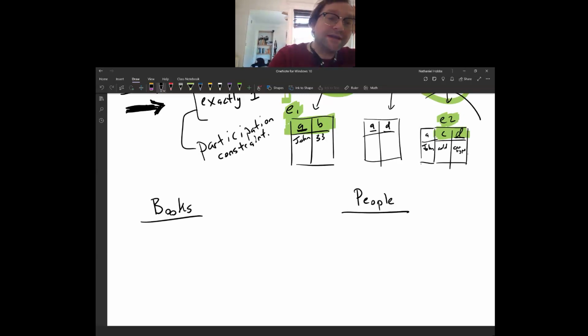So these are going to be our entities, okay? We're going to have some entity books, another entity people. And let's say we have the book Three Body. We have the book Alice in Wonderland.